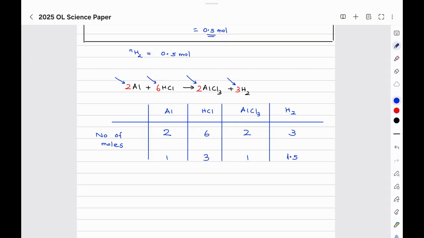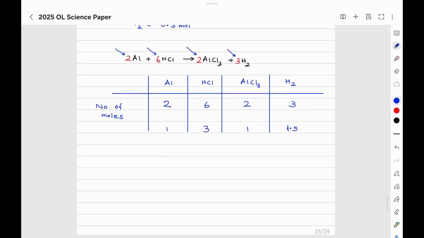Is it clear? Now just imagine I'm going to add 4 aluminium. Then how much HCl? No, you are wrong. Yes, exactly. 12.